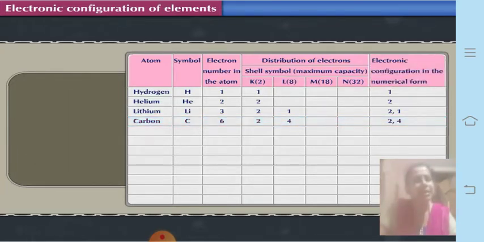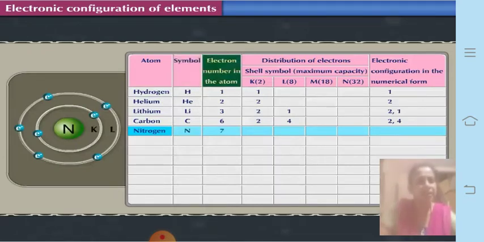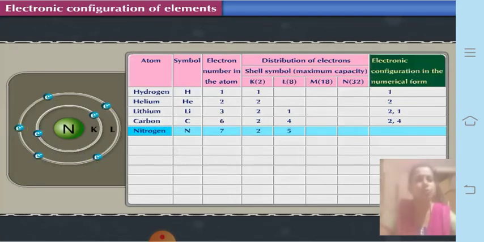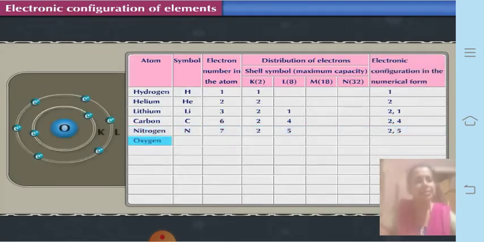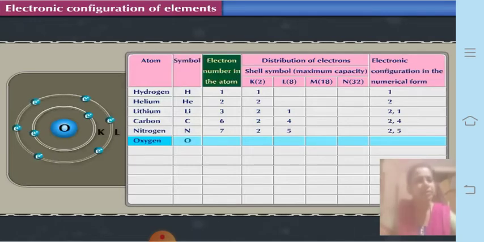Next one is nitrogen, and the nitrogen symbol is N. It has 7 electrons. So the K shell has 2 electrons and 5 electrons go in the L shell. So its electronic configuration becomes 2, 5. Then we have oxygen, whose symbol is O and its electron number is 8. The number of electrons in the K shell is 2, and in the L shell is 6.